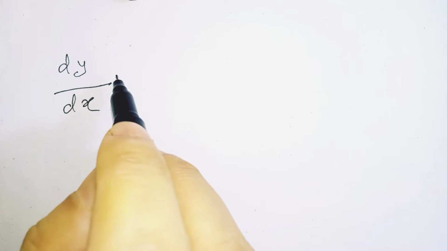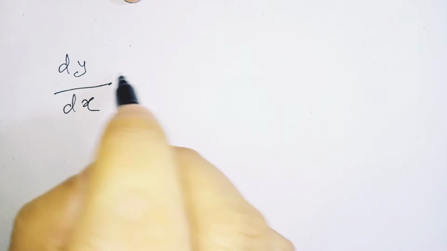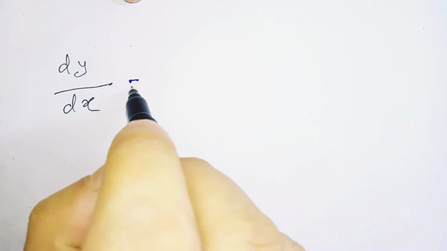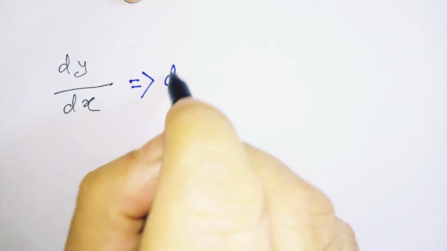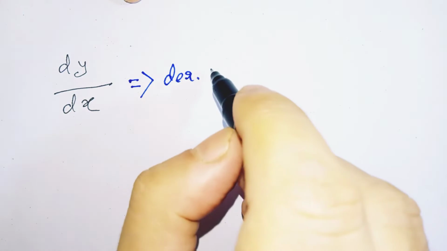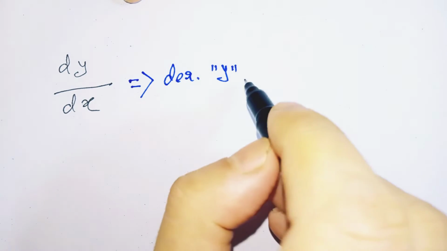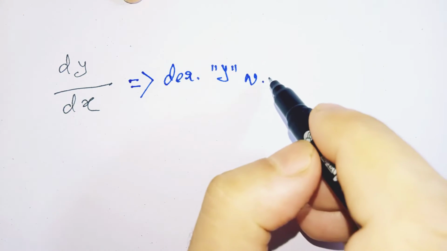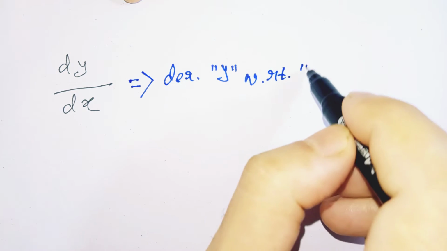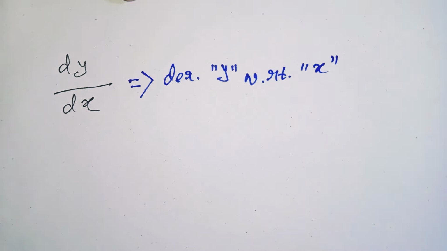This means the derivative of y with respect to x. So I can write this, let me just abbreviate it, derivative of y with respect to x. So dy by dx actually means the derivative of y with respect to x.